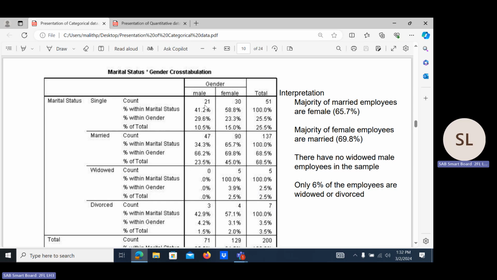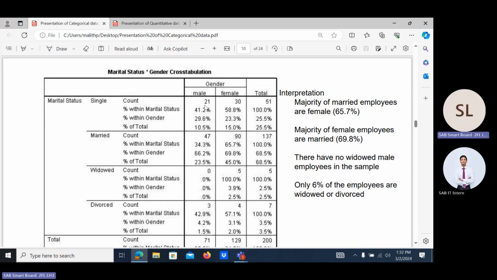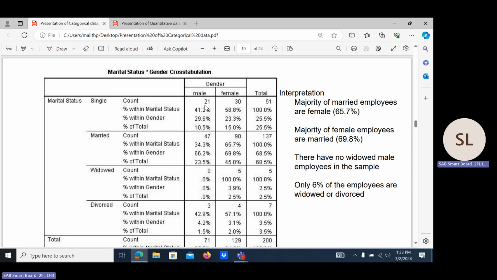Within gender, first consider the total number of male respondents, then take that value and calculate the percentage. Within marital status, first give priority to marital status. Understood? Then it means 41.2%.